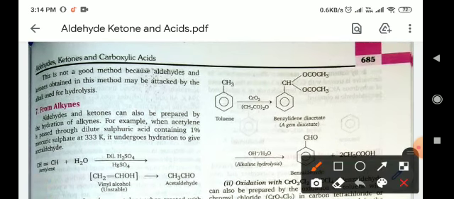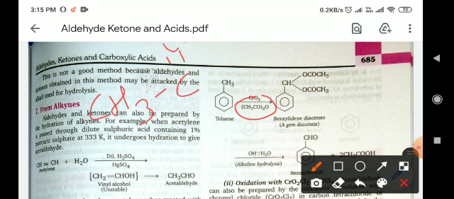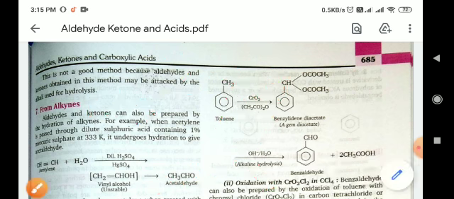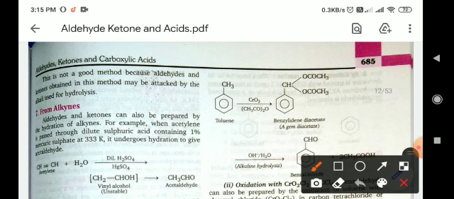Here, CH3C(=O)-O-C(=O)CH3 will break from here and 2 moles of CH3COO are formed, which will go and attach to this methyl group and form this intermediate.